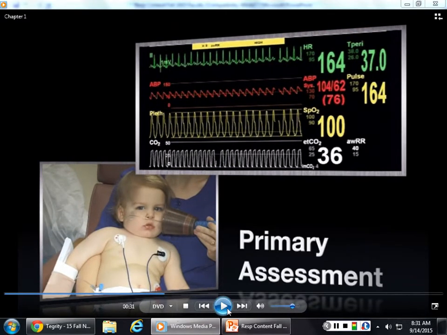All right, what do you see about that that's concerning? Heart rate's 154, that's high, because I would say that kid probably has a normal heart rate of 120 or so. It's probably at least 20 to 30 above. What else?